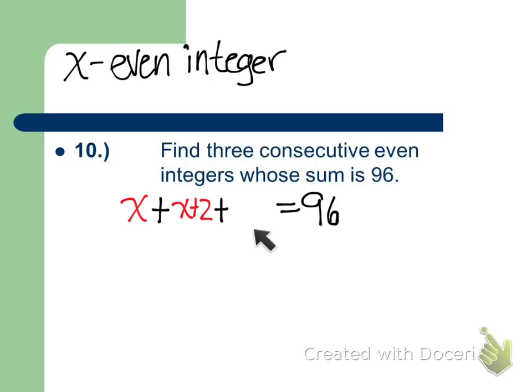But then we need another even integer after that. So we added 2 to the first one. If we add 2 again, how many are we adding altogether? If we add 2 to the middle number.